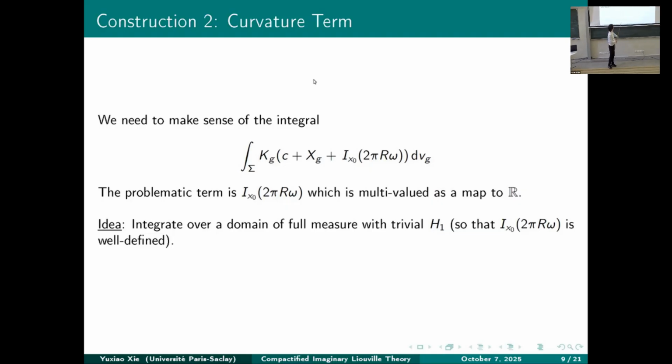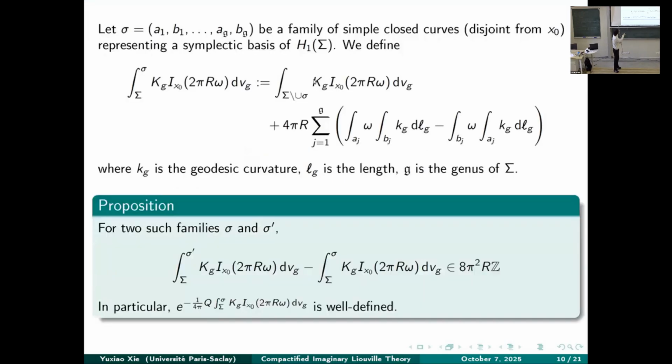But you find that it's actually sufficient to assume that the domain has trivial first homology, which is what we do here. So basically, the idea is that you choose some simple closed curves and you cut the surface with respect to these curves, and you obtain a domain where you can actually perform this integral in a non-ambiguous way.